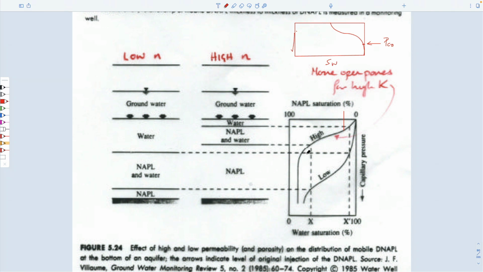So in other words, for the high permeability material, below this point, we'd expect it to be very high saturations of oil. But in the low permeability stuff, this would still mainly be water. In the low permeability material, now this would be oil. This would be water.